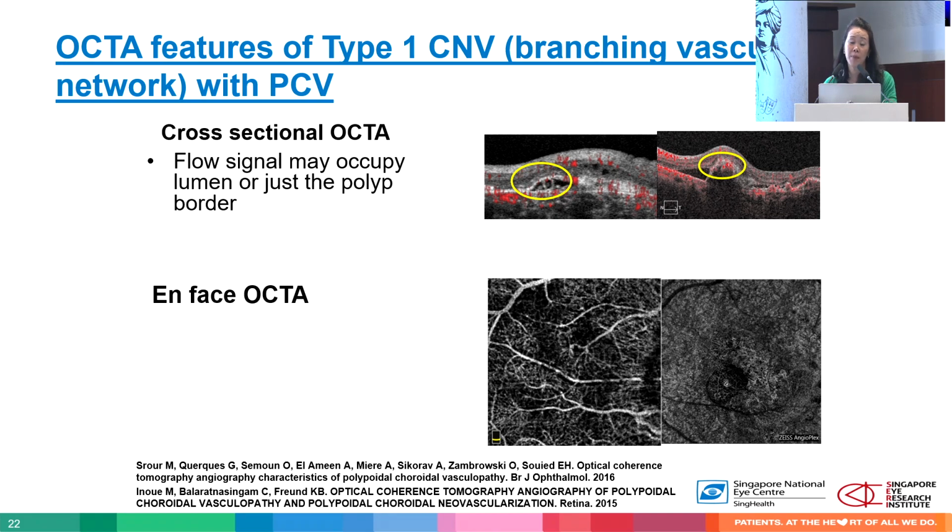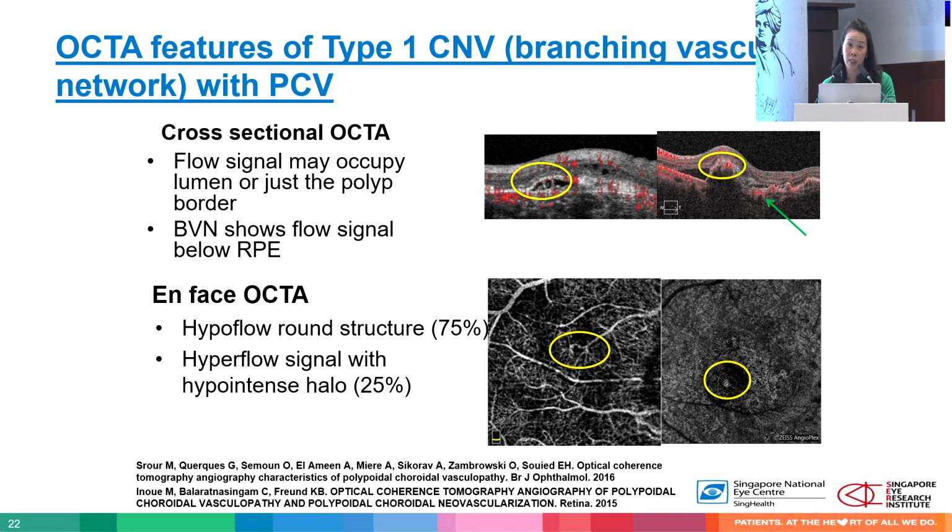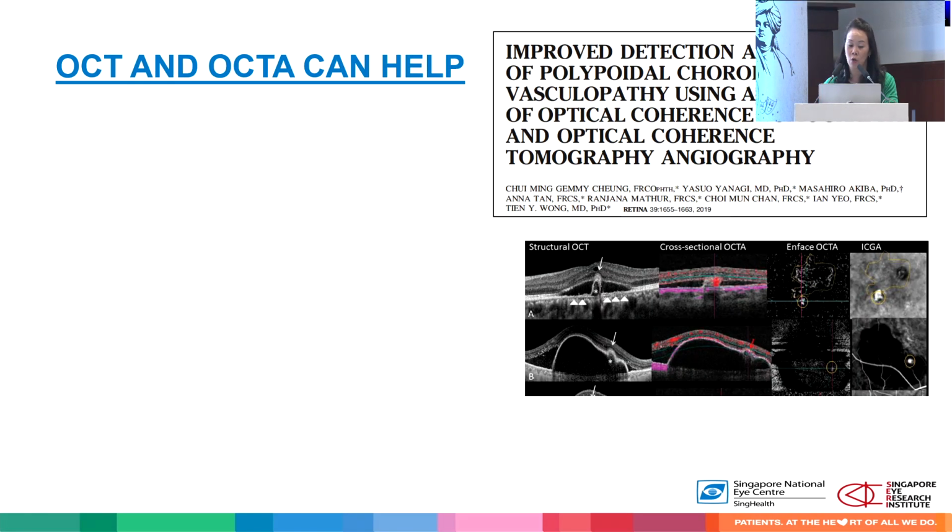And this is really because I think the flow in the polyps may not be fast enough to reach the threshold of the OCTA, and hence the BVN is always showing up, but then the polypoidal lesion itself may not. And you can see that's what I mentioned. It's a hypoflow structure, so it's not bright in 75% of the cases, but in 25% of the cases, it is bright. And the BVN is always quite well seen on OCTA.